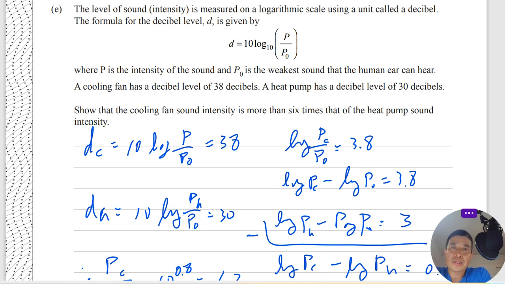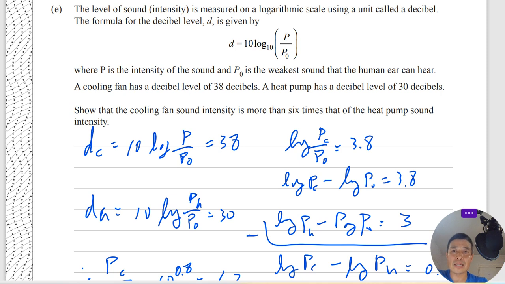The level of sound is measured on a log scale using a unit called a decibel. The formula for the decibel level D is given by that, where P is intensity. You can read that. What I did here is I just labeled the D_C, so decibel of C, which indicates a cooling fan.